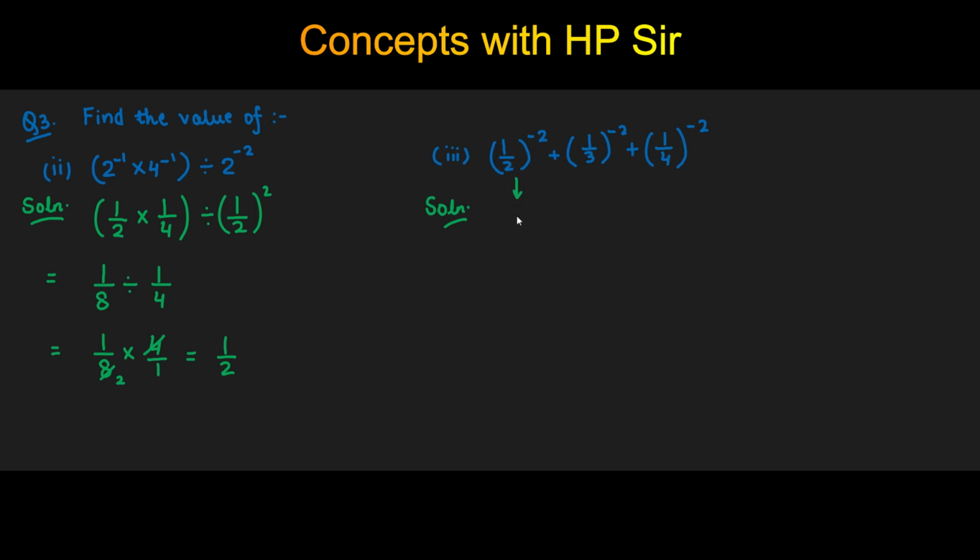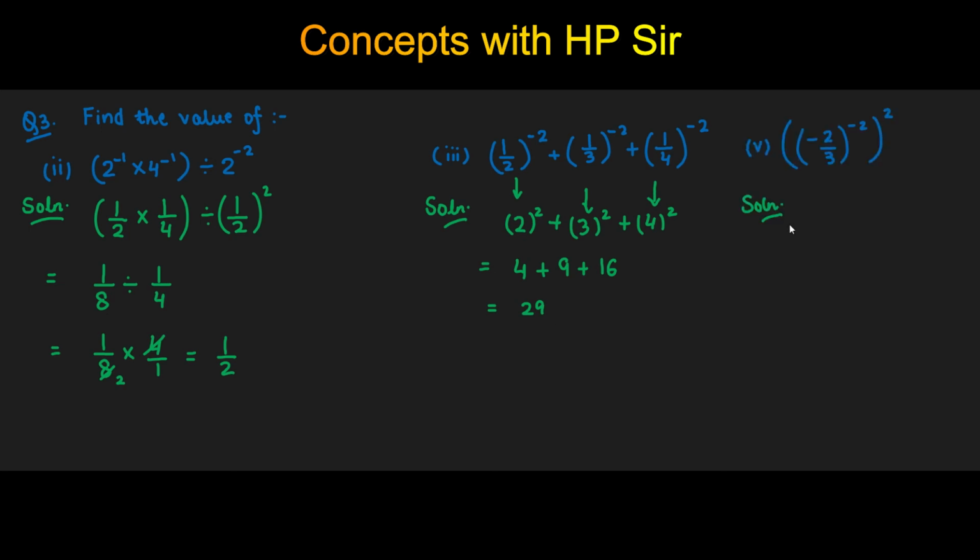So this can be written as 2 to the power 2 plus 3 to the power 2 plus 4 to the power 2. So this becomes 4 plus 9 plus 16, that is equal to 29. Okay, so the questions might seem tough, but they are very simple when you have learnt all the basic formula.